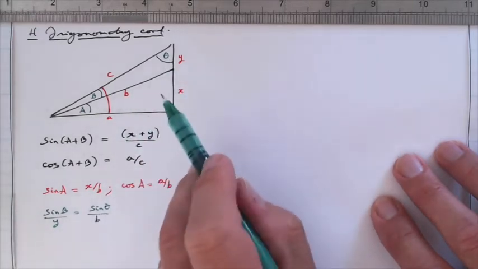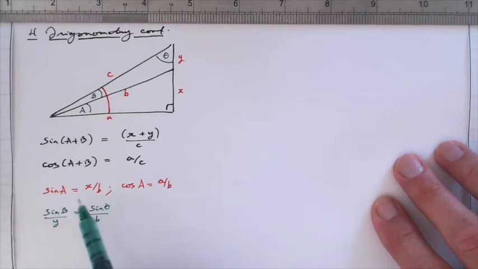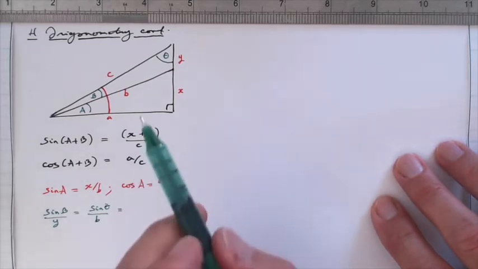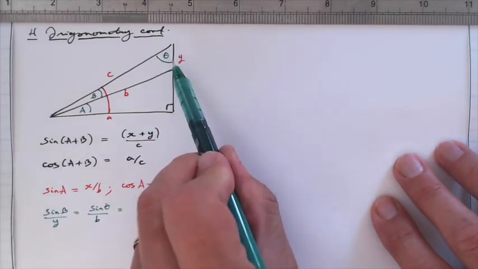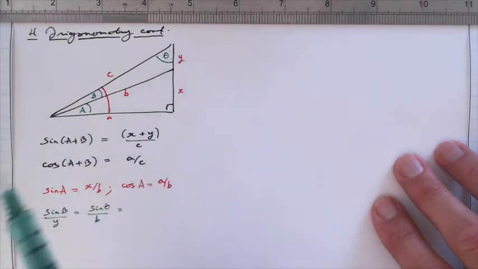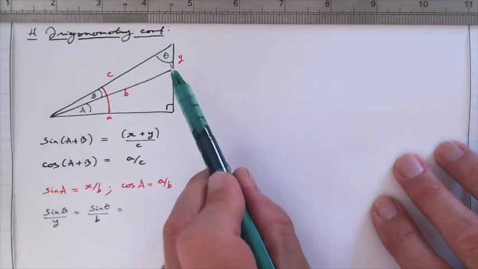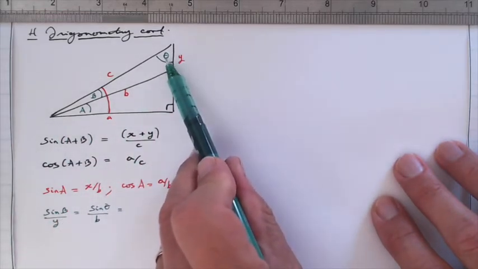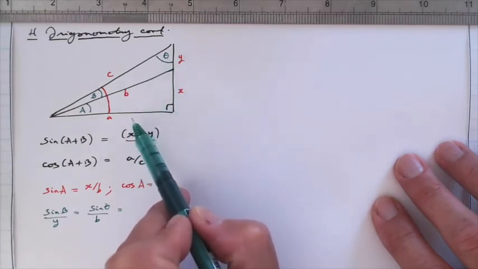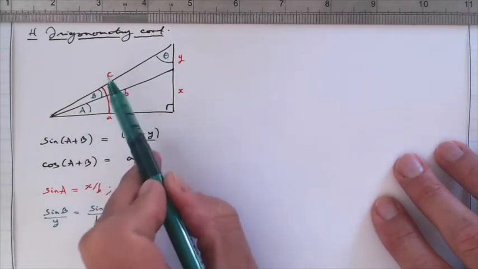So for that upper triangle, this is just a statement of the sine rule. But you notice that we can use the fact that theta is also an angle in the large right angle triangle to have a very simple expression for sine theta. It will be the opposite length in the big right angle triangle over the hypotenuse.